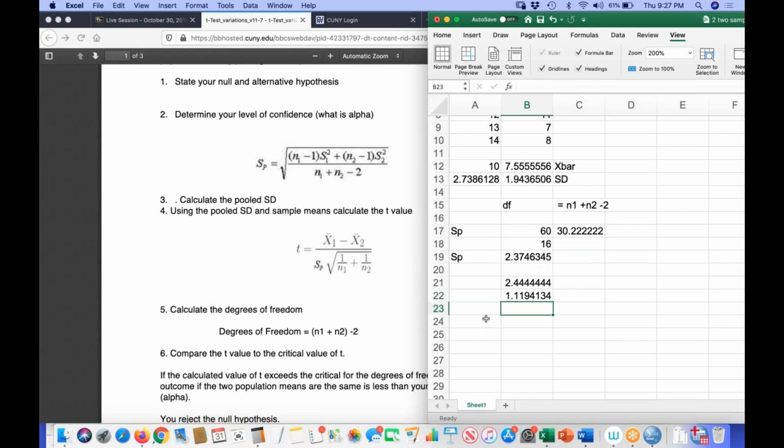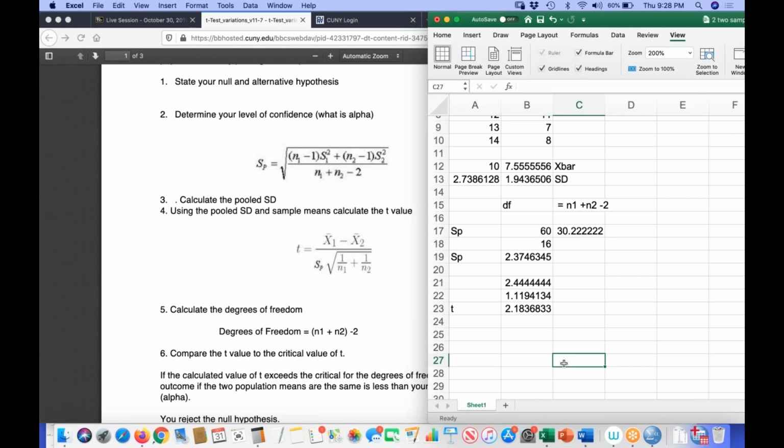So now what is our t value equal to? It's equal to x bar 1 minus x bar 2 on top, divided by the standard error, which is the number I have here. It's equal to 2.18.